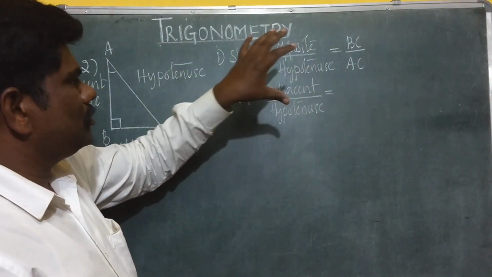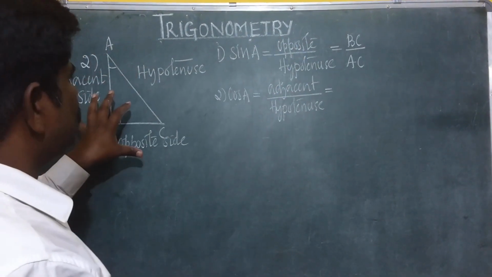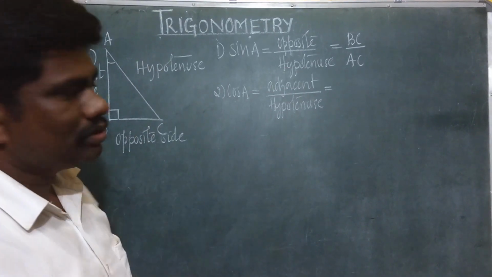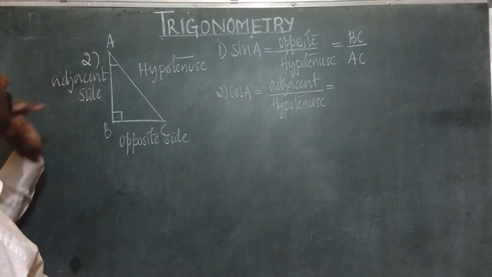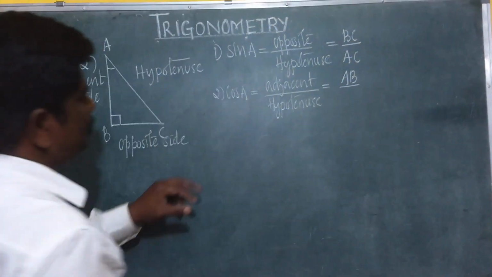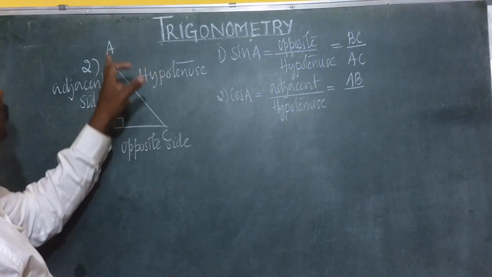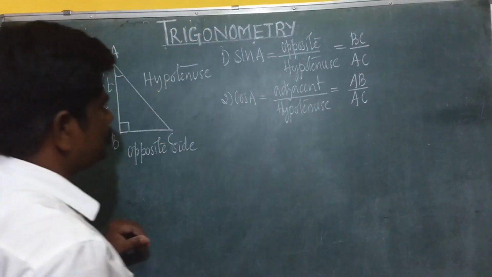So you should be perfect with these definitions. Then according to the triangle, adjacent here is AB, and the denominator is the hypotenuse, which is AC.